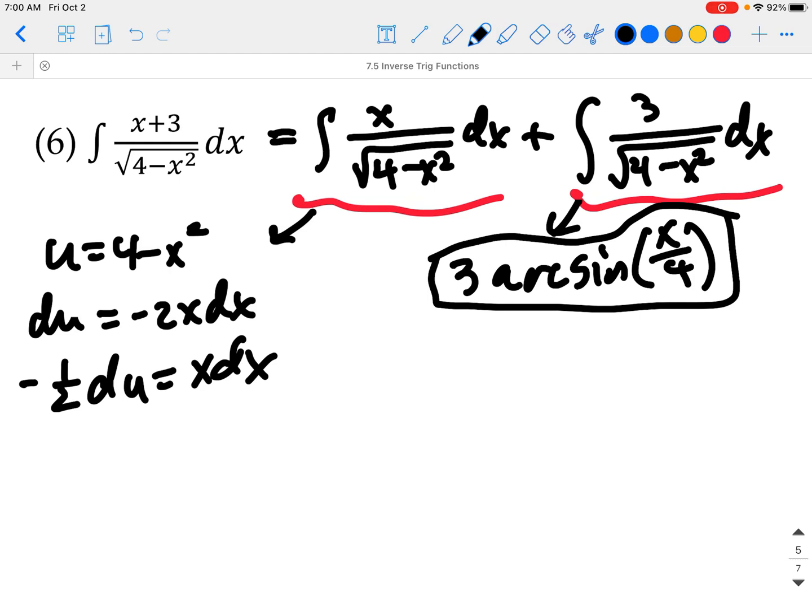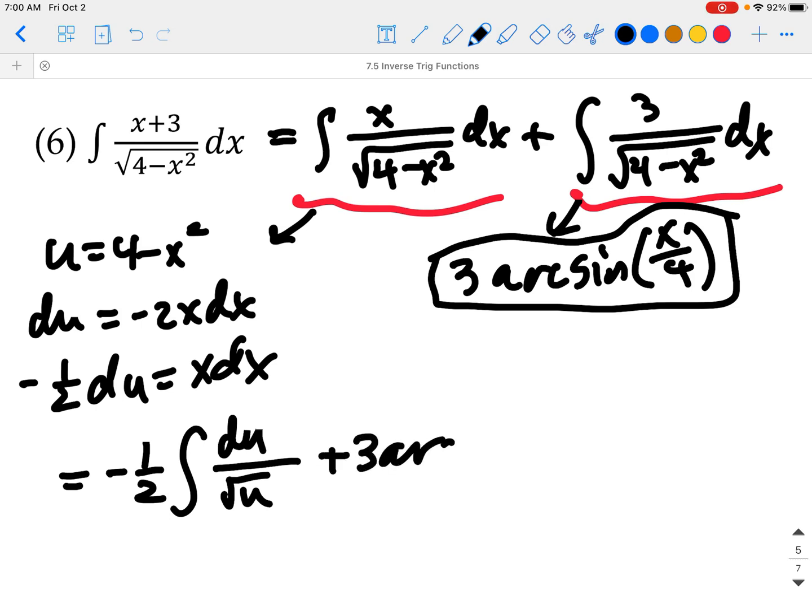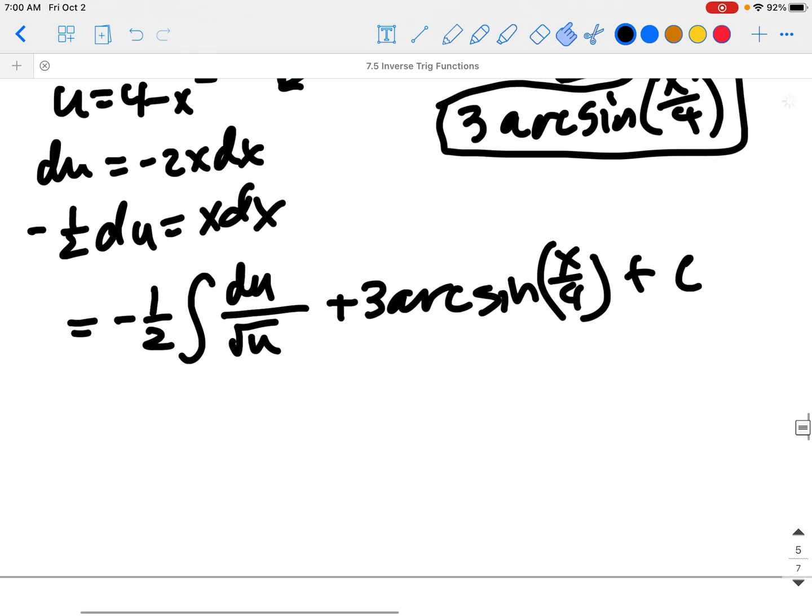But for that first one, we should finish working that one out. So that's going to equal negative 1/2 integral of du over rad u. Again, plus 3 arc sine x over 4. Just put a plus c there, and then now we can work it out completely.